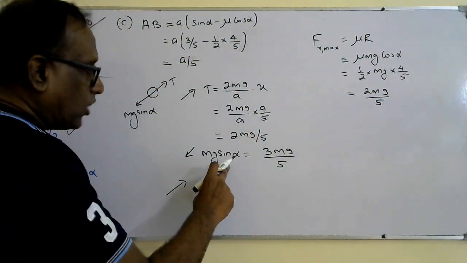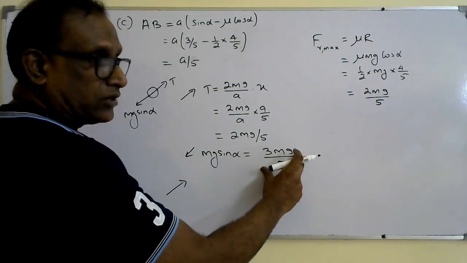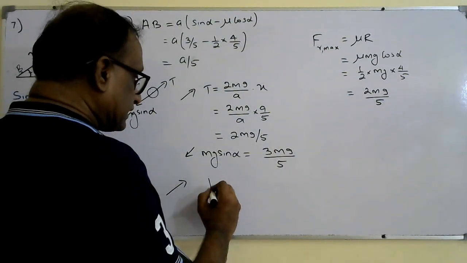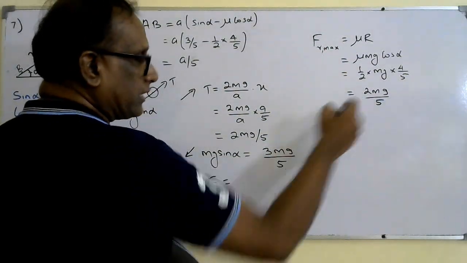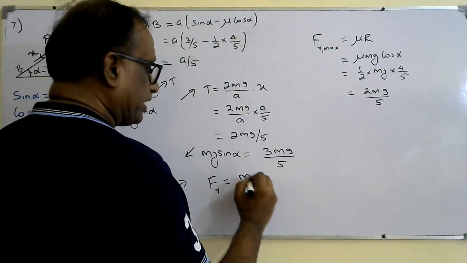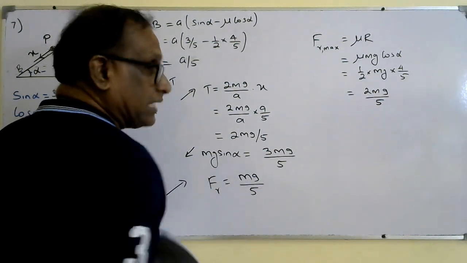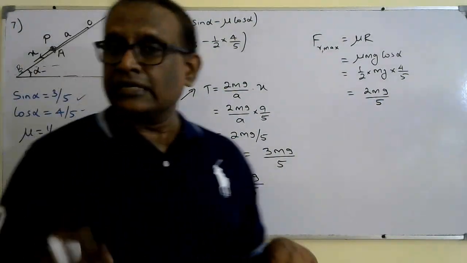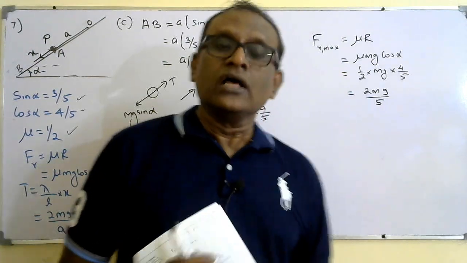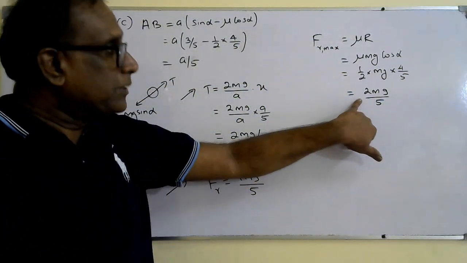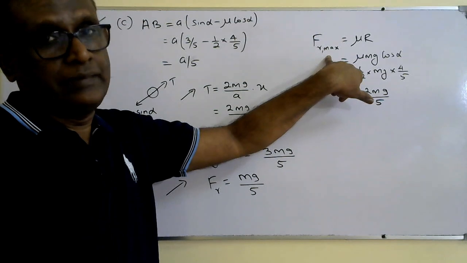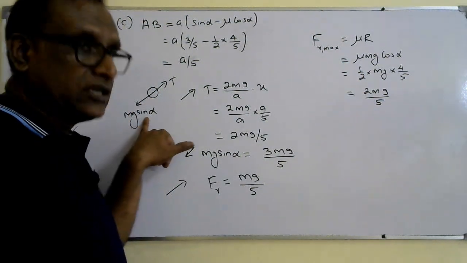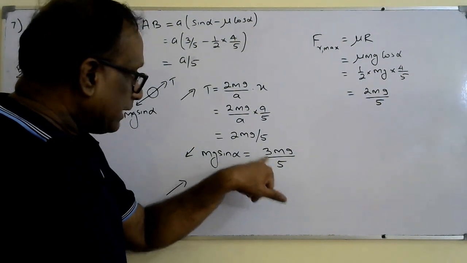So the downward force, the component of the weight, is 3 mg over 5.